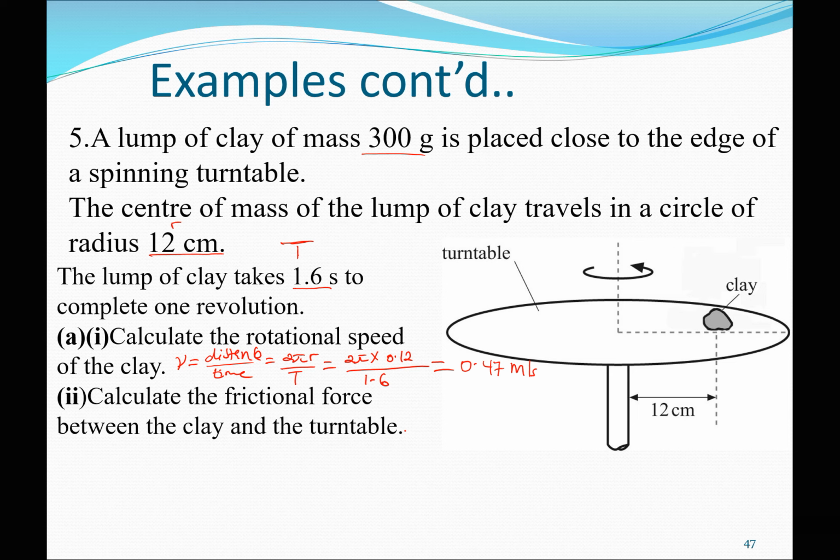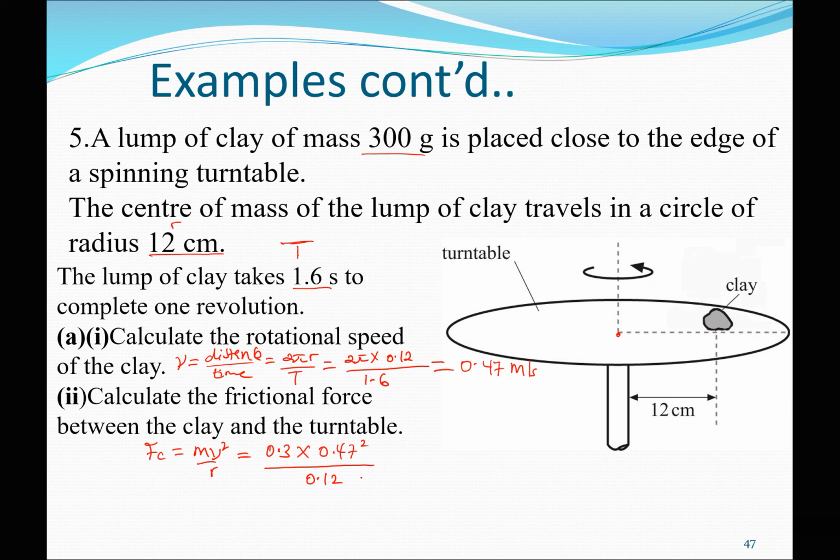Then calculate the frictional force between the clay and the turntable. Remember, it is the frictional force which is going to provide the centripetal force. So this is simply equal to mv squared over r, which is the mass, 300 grams or 0.3 kilograms, times v, which is 0.47 squared, divided by the radius, 0.12.